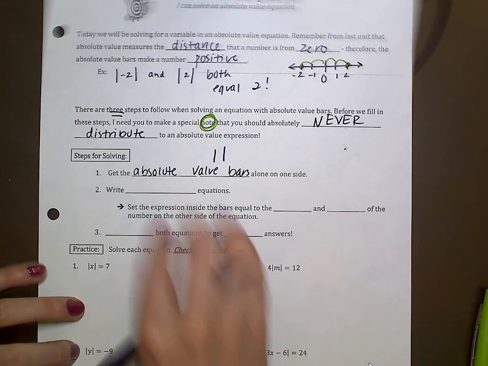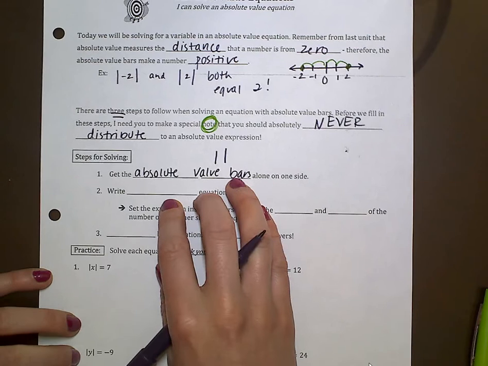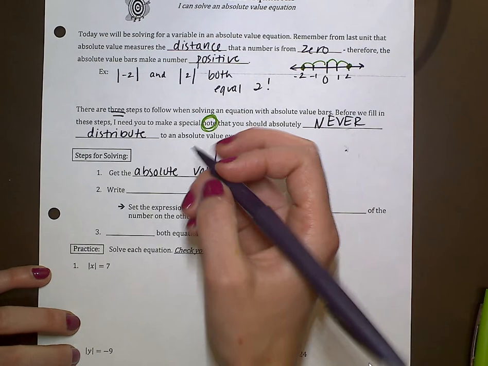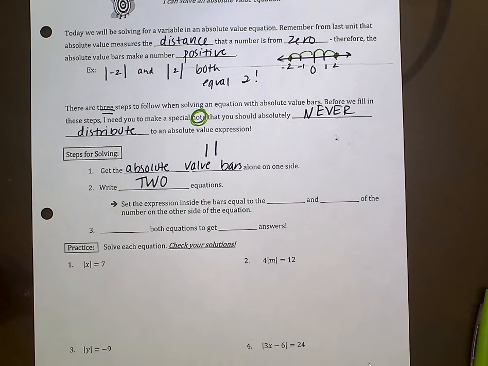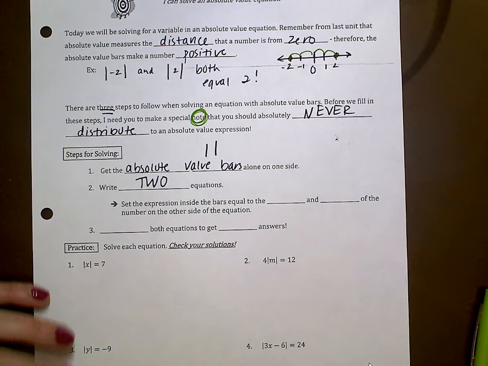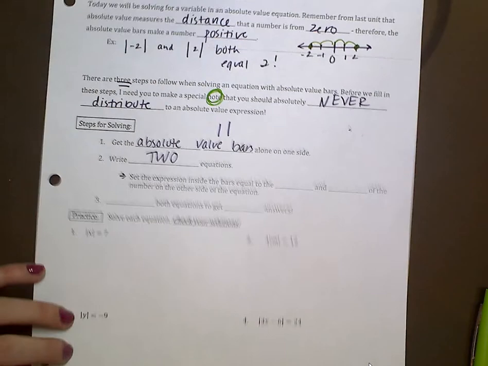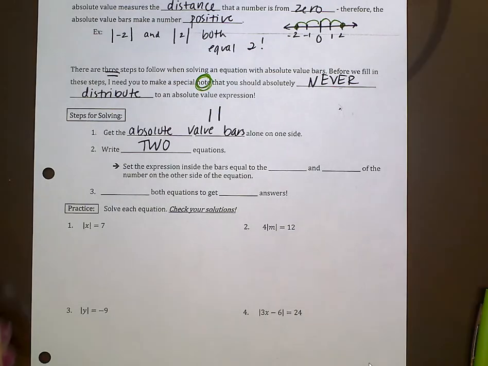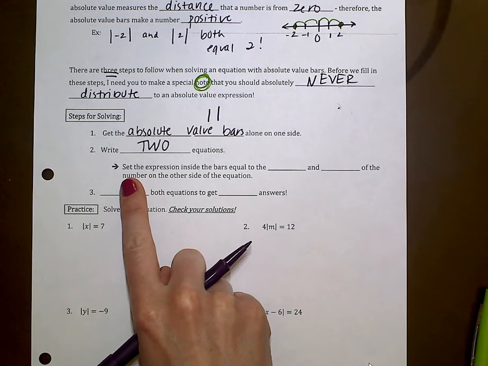Once everything on one side is inside the absolute value, you're going to write 2 equations, because like I mentioned up top, for a lot of these there are 2 different answers. So you have to write 2 equations, and I'll show you how to do that. I'm going to make a little note here so you've got it in your notes.